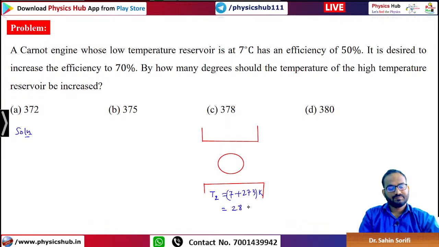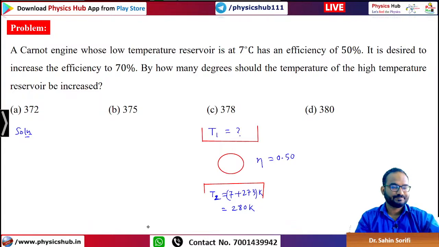So this is 280 Kelvin. Has an efficiency of 50%. So for this case, eta is 0.50. It is desired to increase the efficiency to 70%. So what should be T1 first that we have to find out.